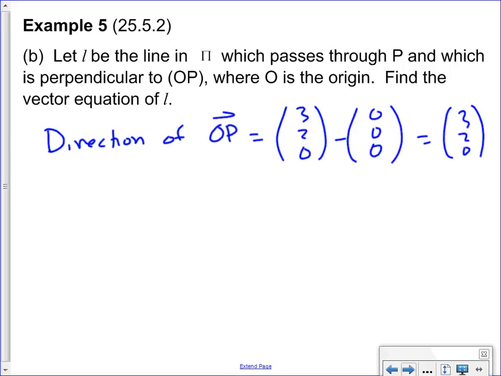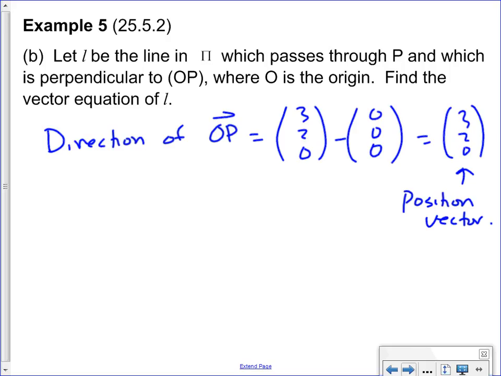So finding that is our position vector. We need a position vector and a direction vector. To find the direction vector, take the cross product to find the normal.